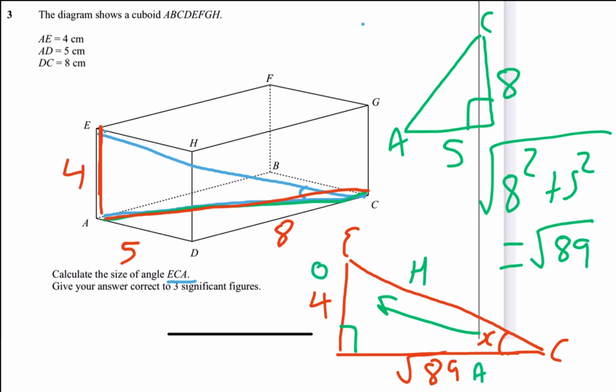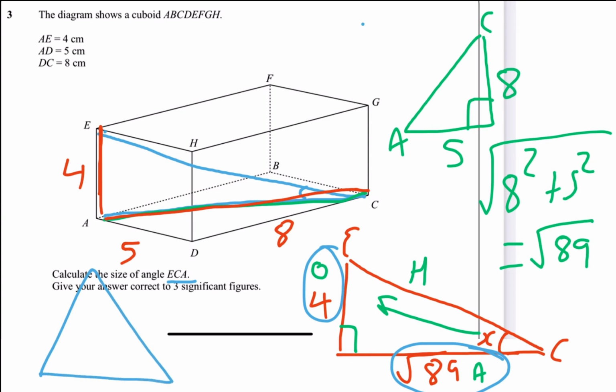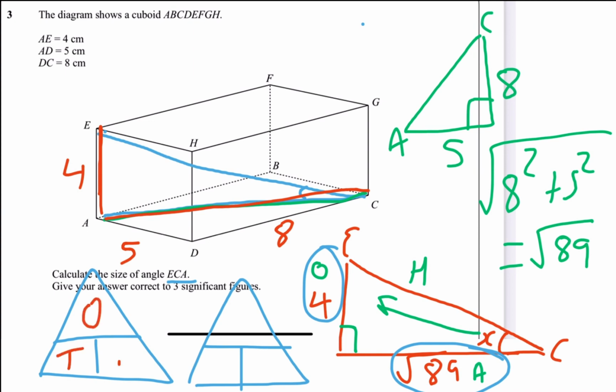If I go around the 3 sides, I've got the opposite and the adjacent, which means if I draw my pyramids, we've got O and A, so we're going to use TOA, which becomes tan of X, because we want to work out what X is. O is on the top, so it's 4, and adjacent is root 89.